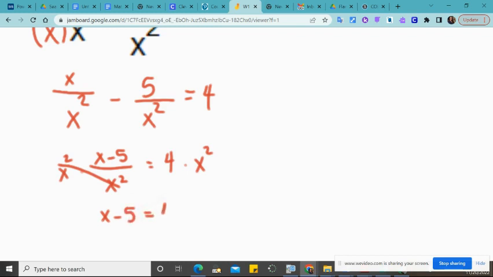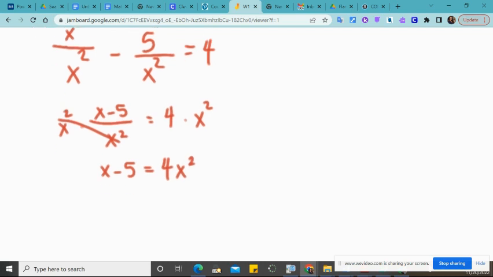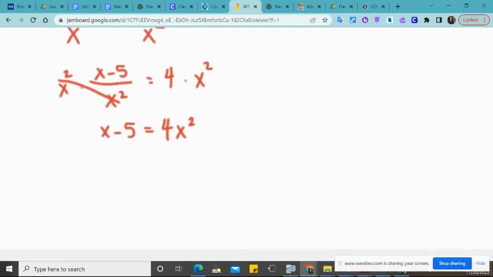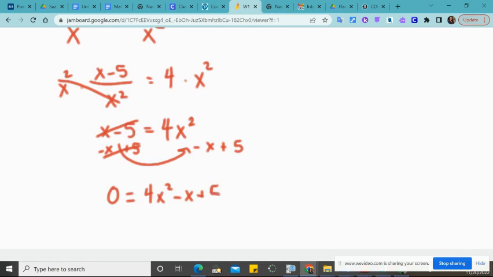I have 4x squared. And then again, with quadratics, our first step is always set it equal to 0 and see what we're dealing with. So I'm going to move these guys over here by subtracting x and adding 5. So that's 0. So now I have 4x squared minus x plus 5.